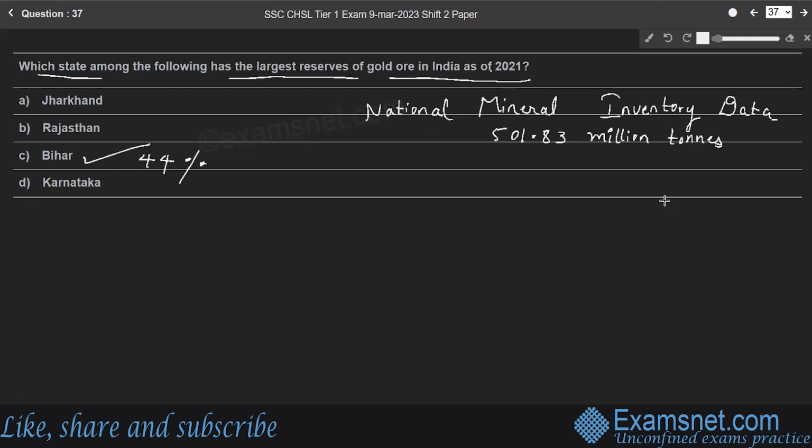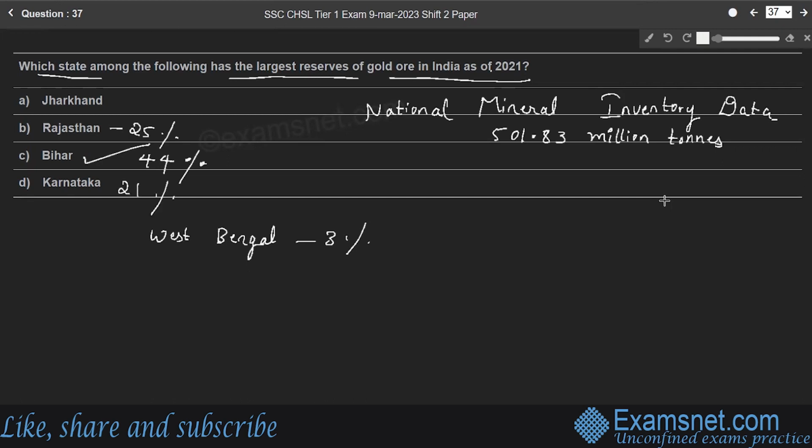Whereas in West Bengal it is only 3%. Bihar is the highest at 44%, followed by Rajasthan with 25% of gold ore, and Karnataka at 21%.